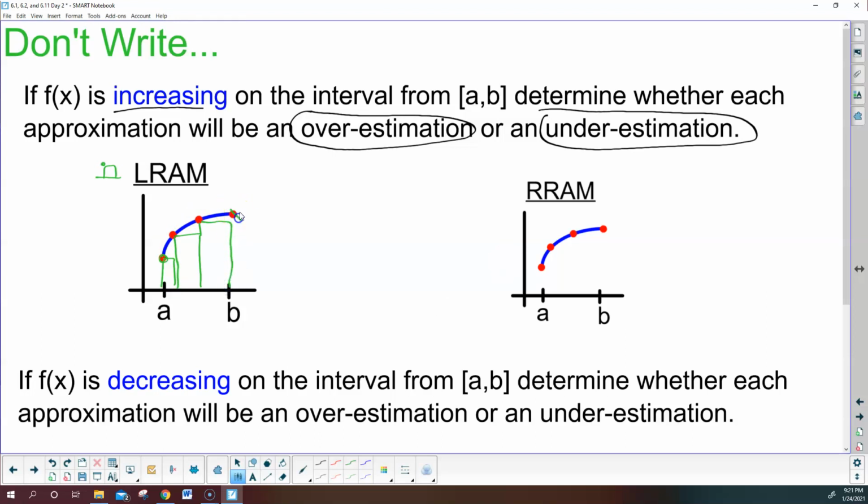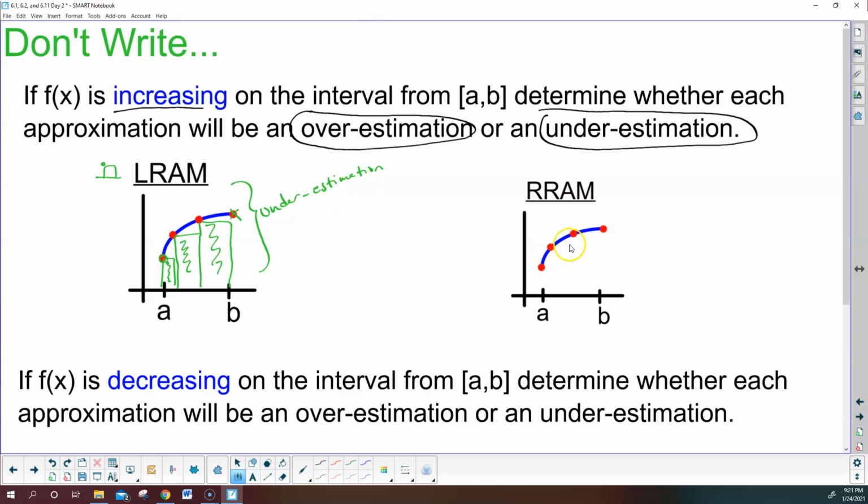And we don't use that last endpoint on the left. Well, notice, is this area representative of the area under the curve? Is it an overestimate or an underestimate? Well, there's extra spaces here, here, and here that we didn't account for. So if your function is increasing, then the left RAM will always be an underestimation.